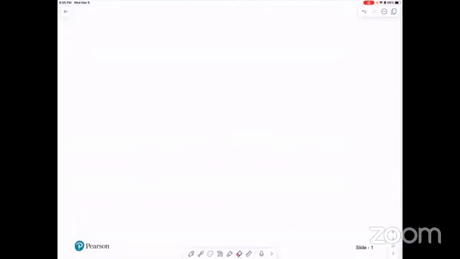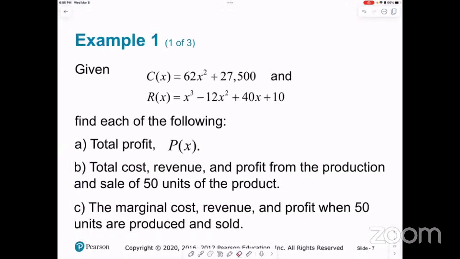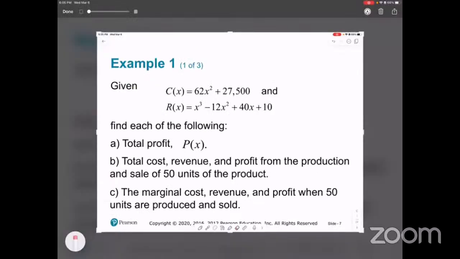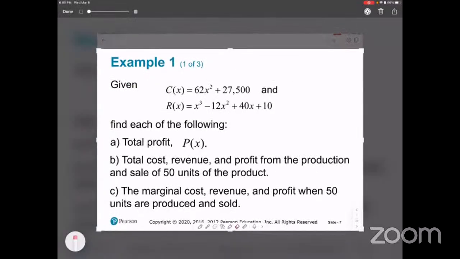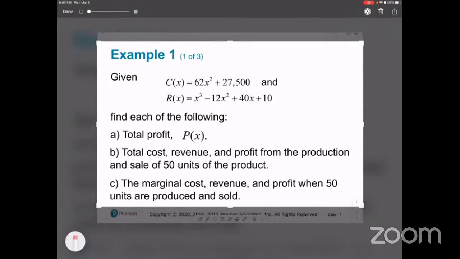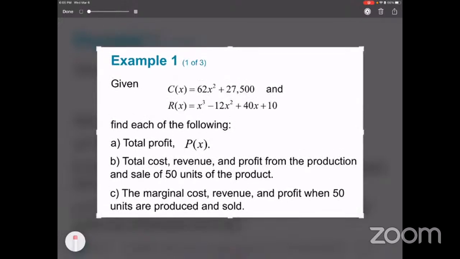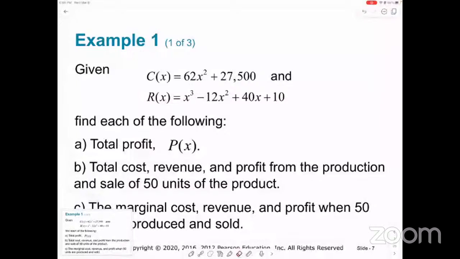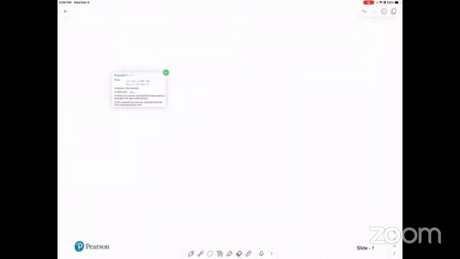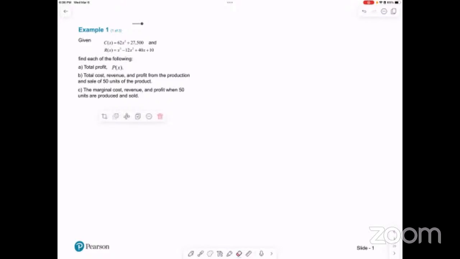And I need a copy of these. I think I can screenshot these. Maybe I can just take the whole slide because I kind of need all of this information. So I'm going to use this as a reference. So that's about the size I was anticipating.